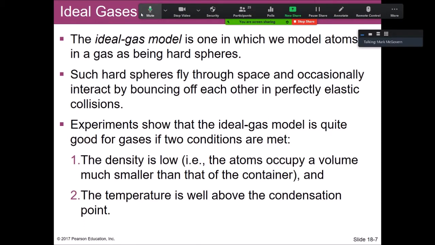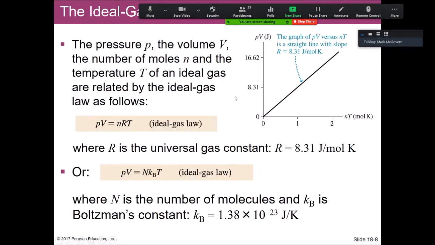So momentum is always going to be conserved. Energy is always going to be conserved when there's collisions taking place, not only with molecules in our system, but with the walls of the container as well. And we're going to make sure that our gas is not in any risk of turning into a liquid or a solid. So that's what it says here about being above the condensation point. We just want to make sure we're not going to deal with that stuff.